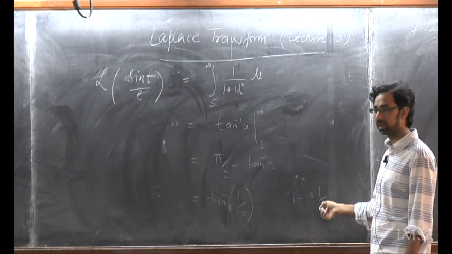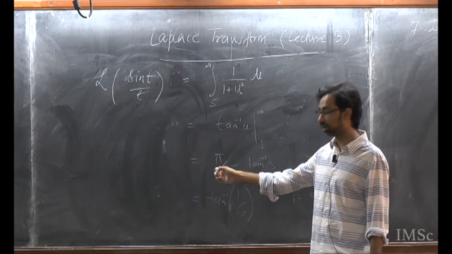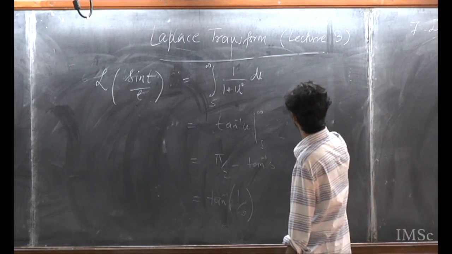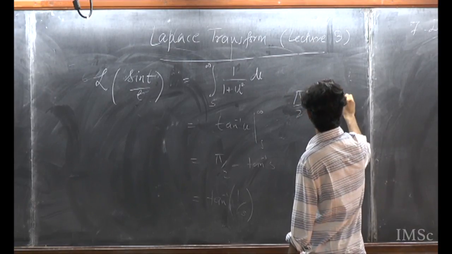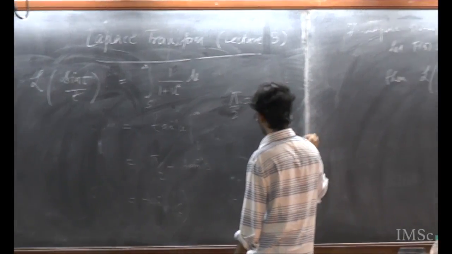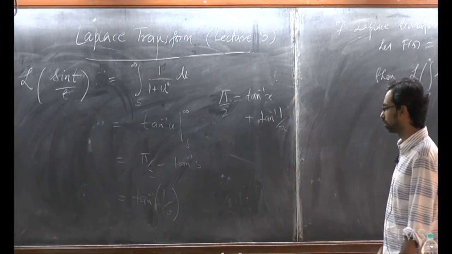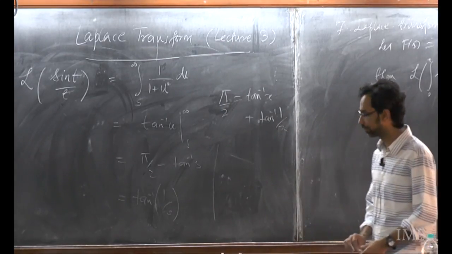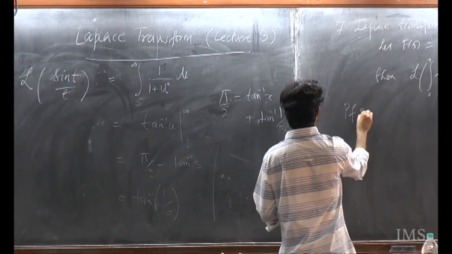So you'll get tan inverse of infinity, which is pi by 2. So the identity is pi by 2 equals tan inverse x plus tan inverse 1 by x. You can check this. It's just a game you have to play with the trigonometric identities. Okay, so let's try to prove this theorem.